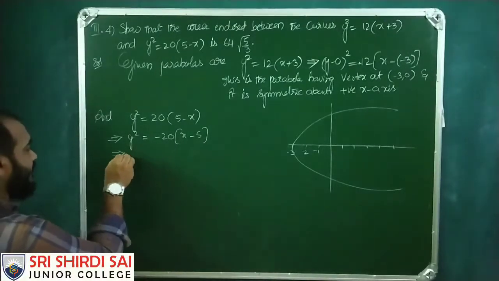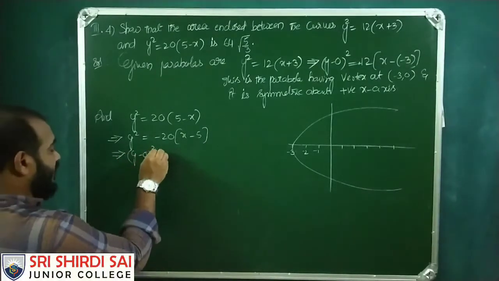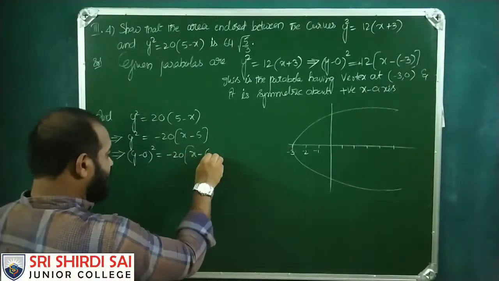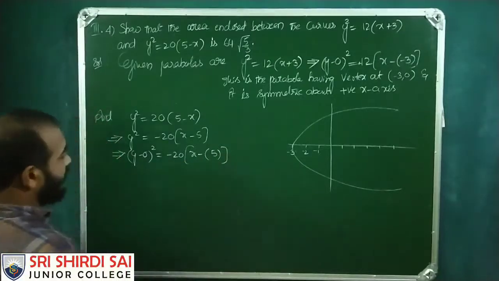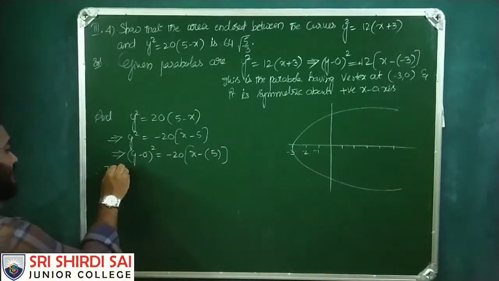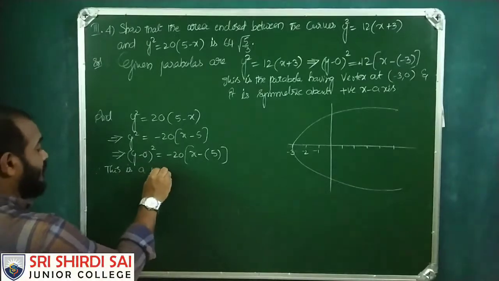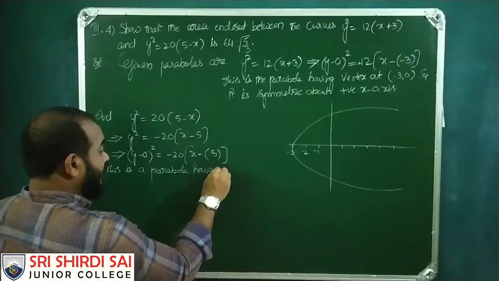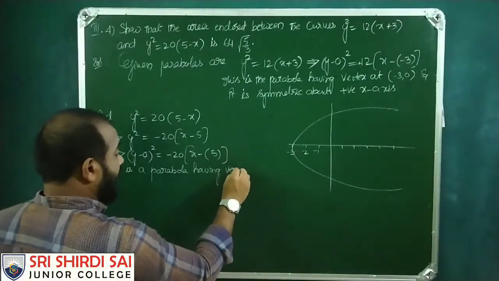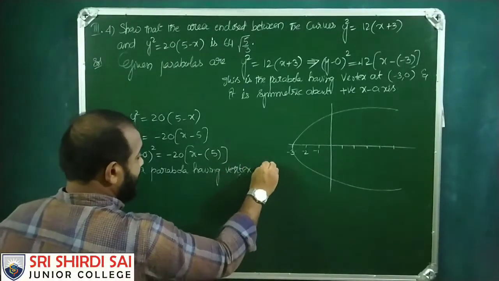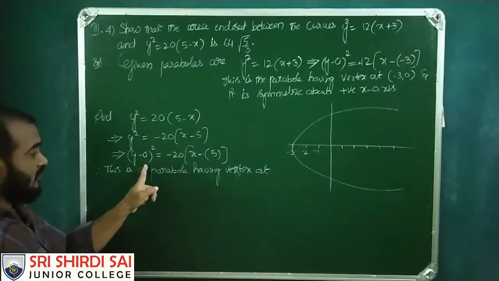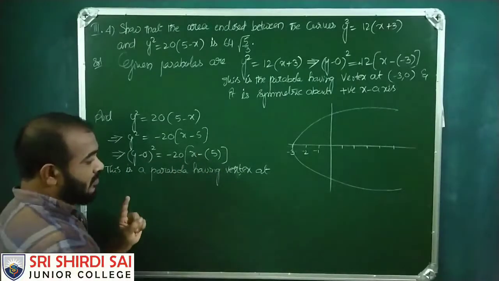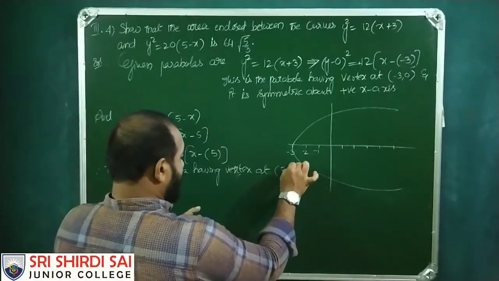This can further be written as y minus 0 whole square equals minus 20 into x minus 5. So therefore, this is a parabola having vertex at 5 comma 0. This can be compared with y minus k whole square equals minus 4a into x minus h. Vertex at 5 comma 0.